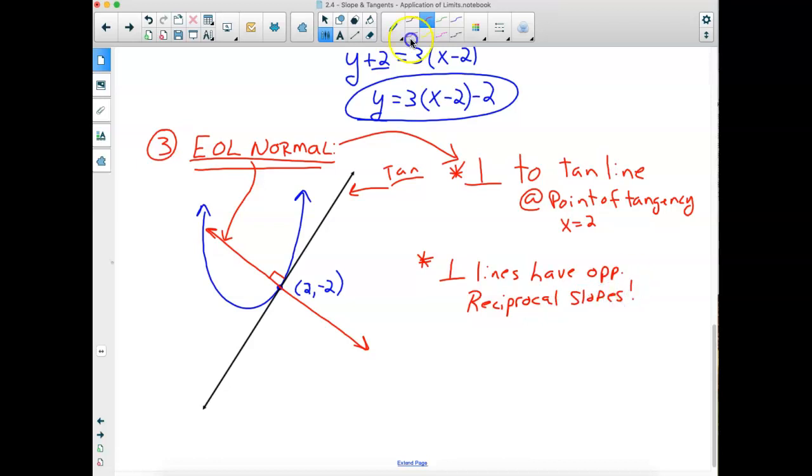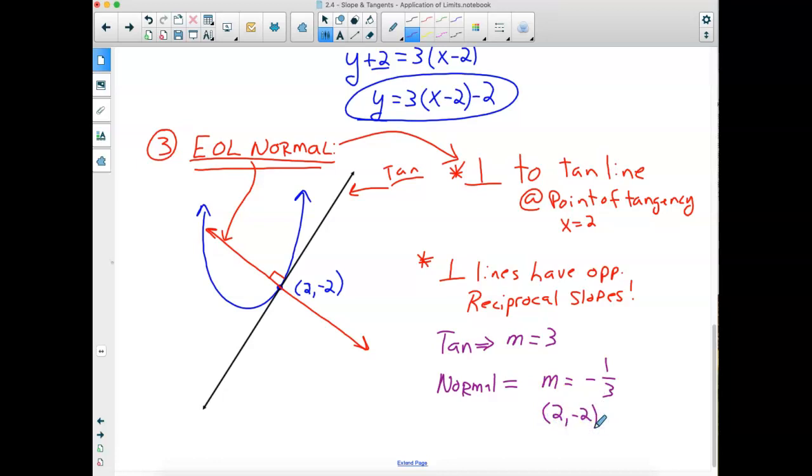So that means that the tangent, if m equals 3, that means normal m equals, I got it. If it's positive, it's negative, and then I got to flip it. It's negative a third. And it's going to be normal at that same point (2, -2).